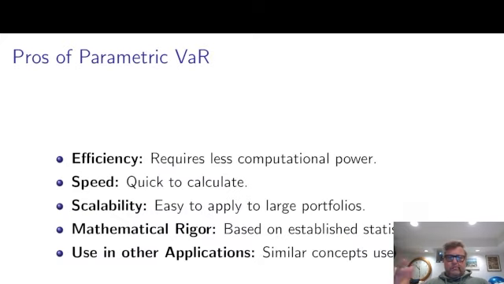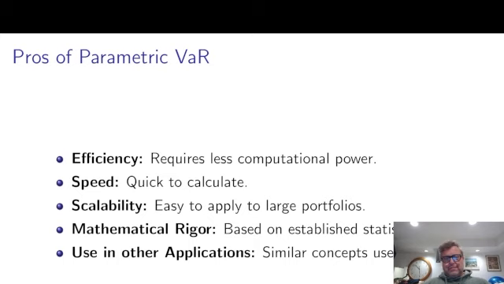So parametric VaR, it's very efficient. You just need to calculate the sensitivities, and you have the vols and the correlations pre-computed. So it's very efficient to calculate. If it's very efficient, it's also fast, and it scales.